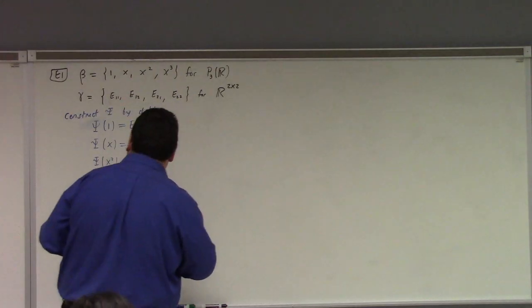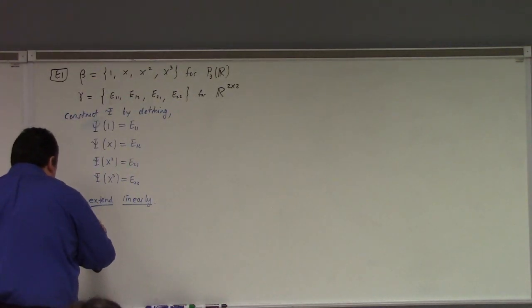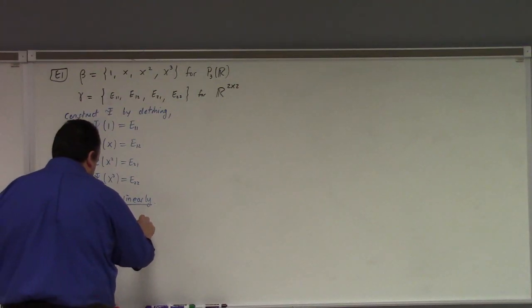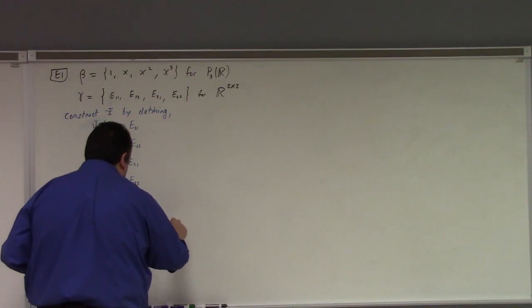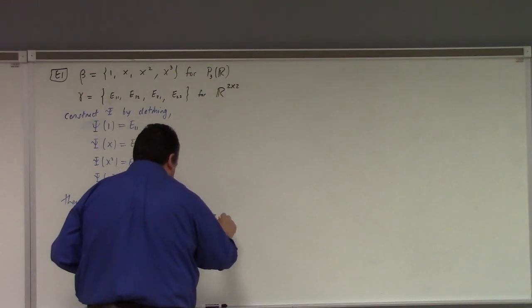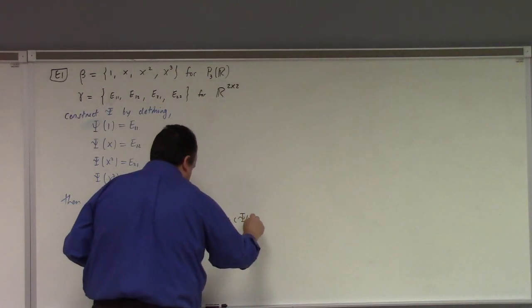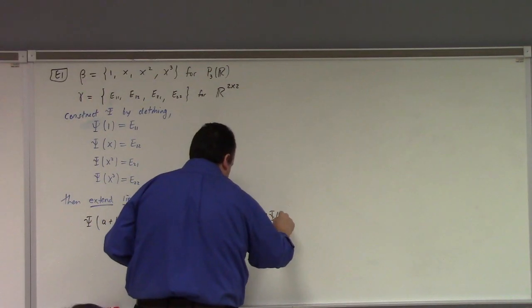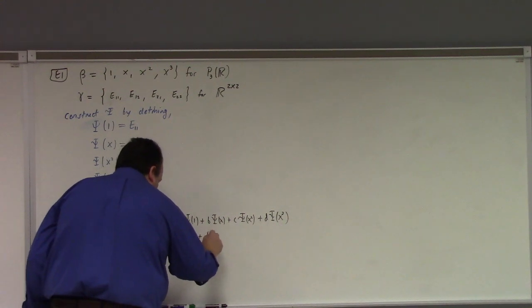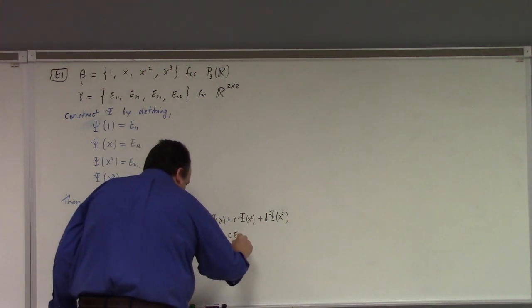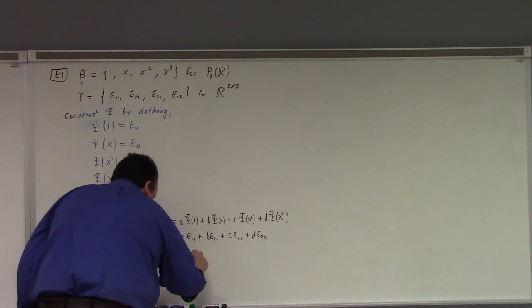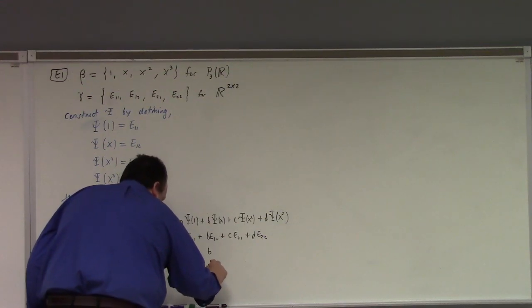I mean specifically that psi of a plus bx plus cx squared plus dx cubed is a times psi of 1 plus b times psi of x plus c times psi of x squared plus d times psi of x cubed, which is explicitly a e11 plus b e12 plus c e21 plus d e22, which if we write that explicitly is the matrix a, b, c, d.